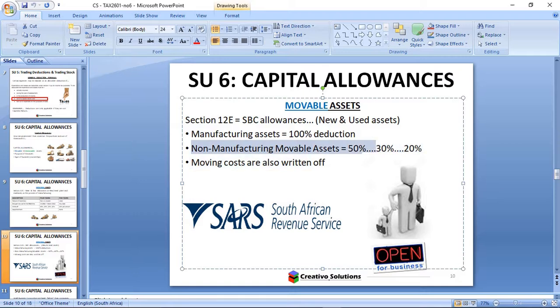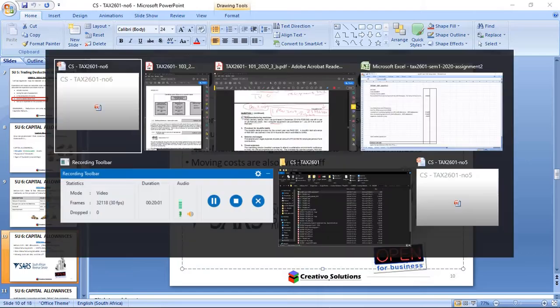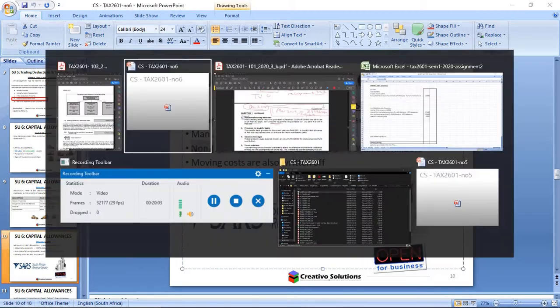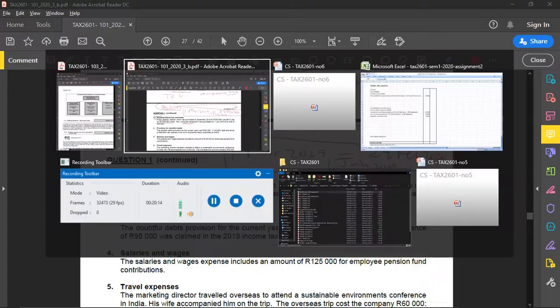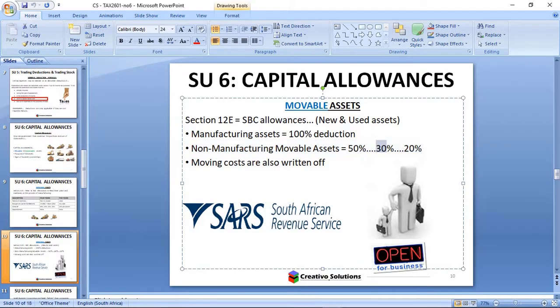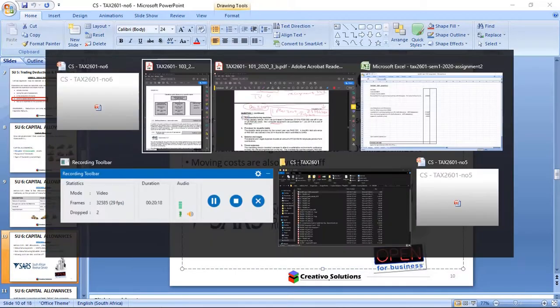So the non-manufacturing assets would have been deducted for a 50% capital allowance in the first year, for the asset that was purchased here in December 2018. So obviously I still have another deduction to take advantage of, in other words this 30%, and that'll be in the current year.